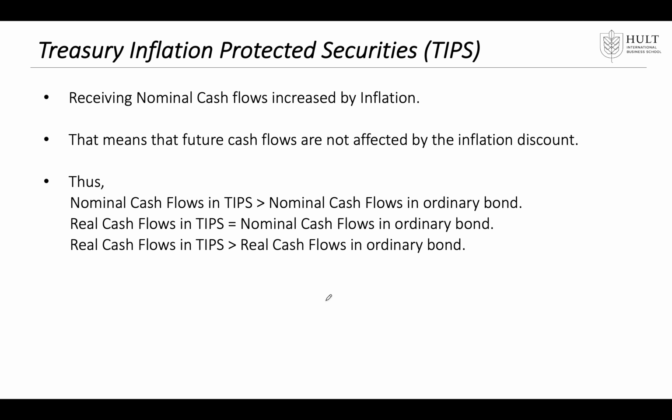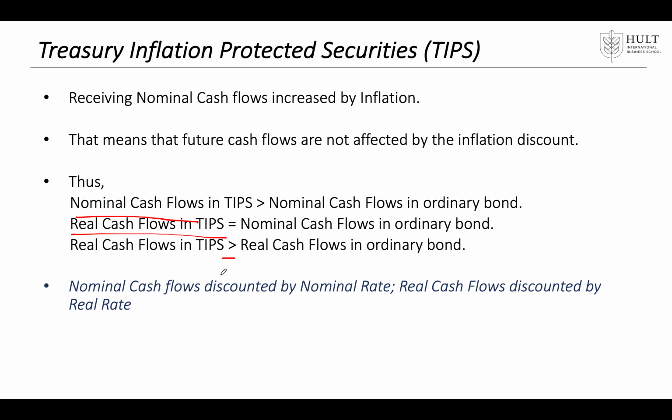Real cash flows in TIPS are equal to nominal cash flows in the ordinary bond before being discounted by inflation, because the real cash flows in TIPS are discounted by the inflation rate from the nominal cash flows. So we have the same value. But the real cash flows in TIPS are definitely greater than the real cash flows in the ordinary bond discounted by inflation.